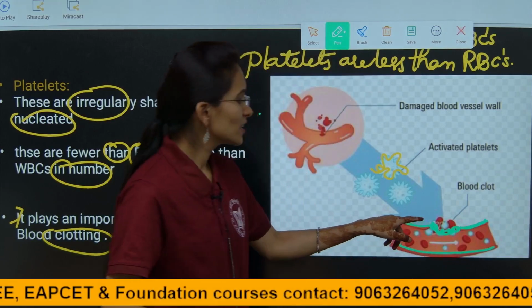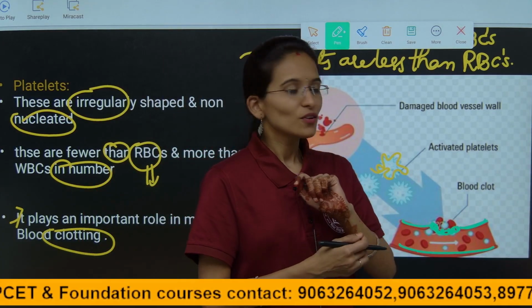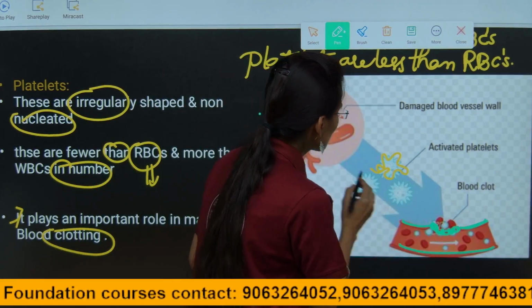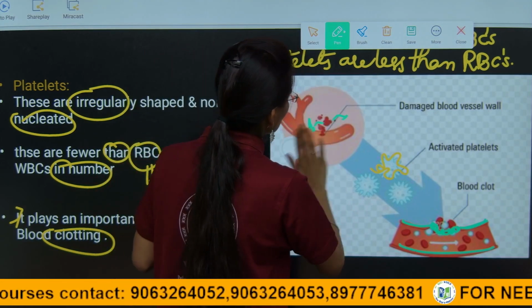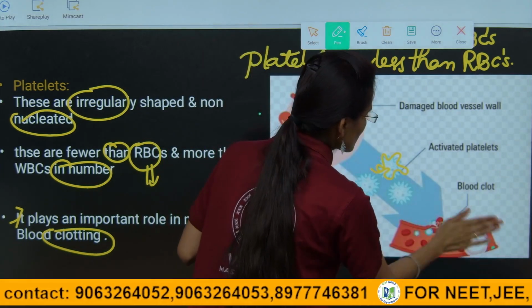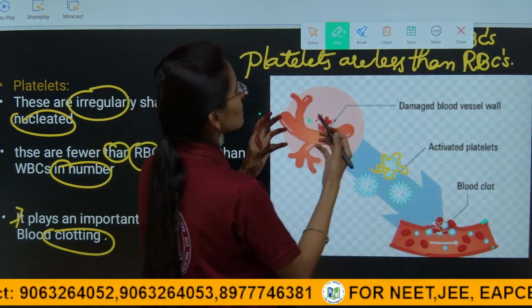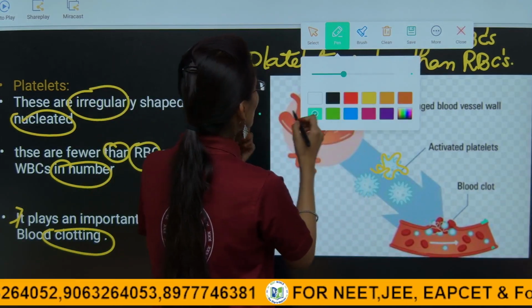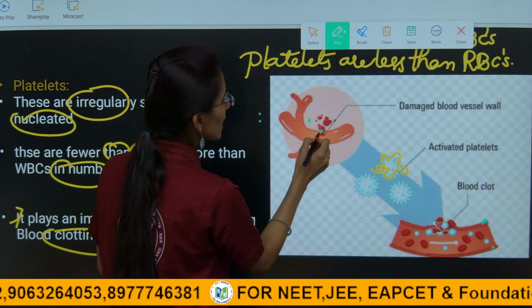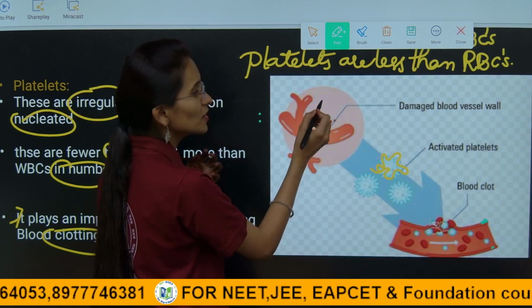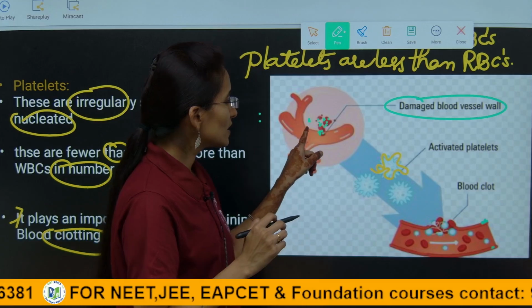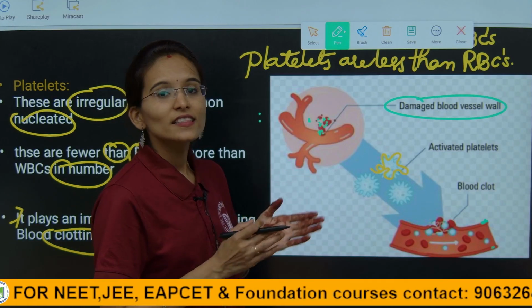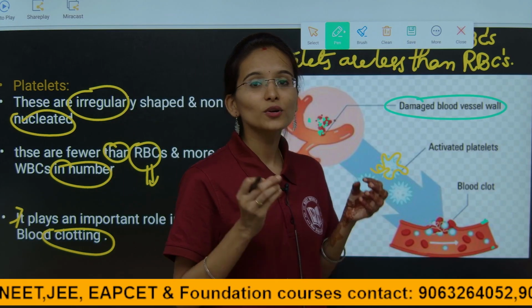At that time, the blood flows freely here. This is some organ or part of your body, and the blood flows continuously. This is the damaged blood vessel. At this damaged blood vessel, specialized cells are activated.